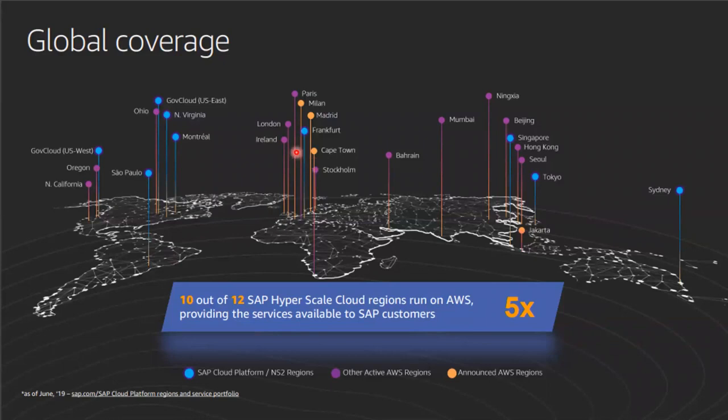For example, Northern Virginia is an AWS region, and you also have SAP Cloud Platform running in Northern Virginia. But in Bahrain, you only have an active AWS region. I think most of you from UAE will deploy SAP in Bahrain, right? It currently doesn't have an SAP Cloud Platform.